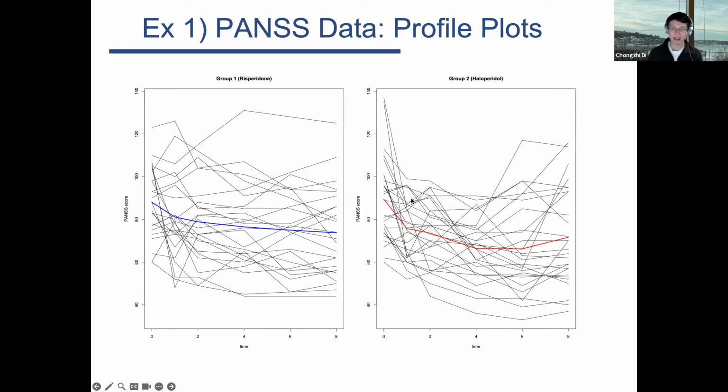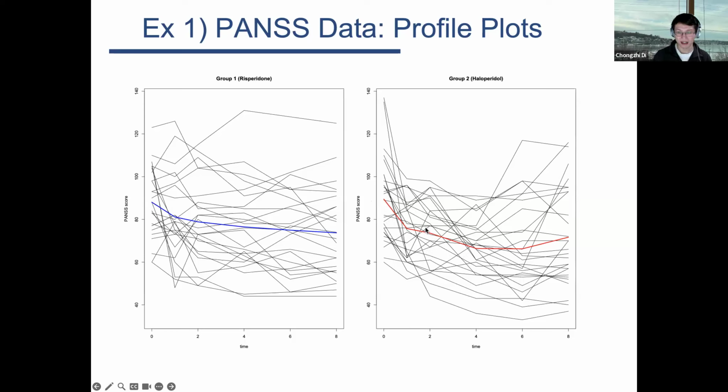On the right-hand side are the trajectories for the second treatment group. Again, generally speaking, you still see the score decrease over time, meaning the treatment is working. But it shows somewhat different trajectories. If you look at the slope, especially during the initial stages, it seems to decline faster than the first treatment.